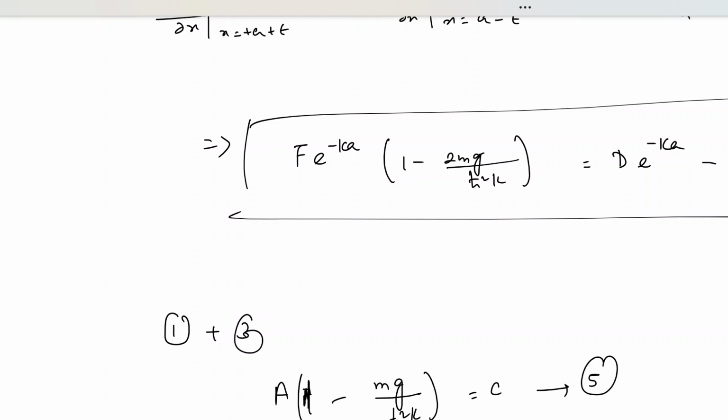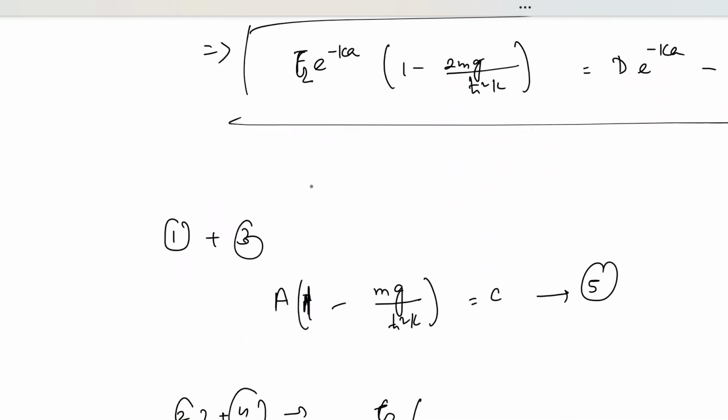And similarly for 2 plus 4 you will be getting g into, sorry, this will not be f, this will be g into 1 minus mg by h cut squared k equal to d, which is equation number 6.